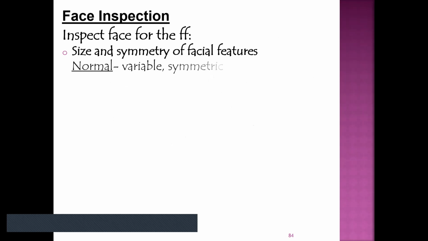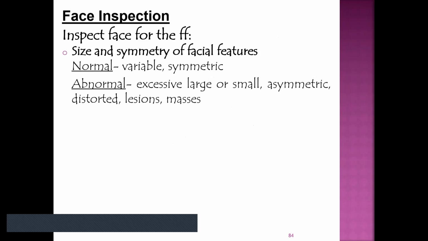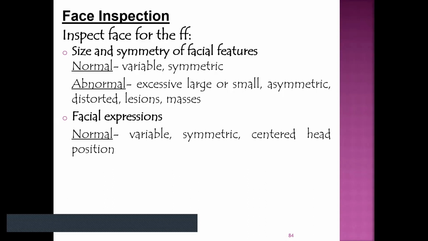In terms of size and symmetry of the facial features, what is normal is variable and symmetrical. What is not normal is excessive, large, asymmetrical, or distorted features, and the presence of lesions and masses. In terms of expressions, what you are expecting is variable, symmetric expressions with a centered head position.